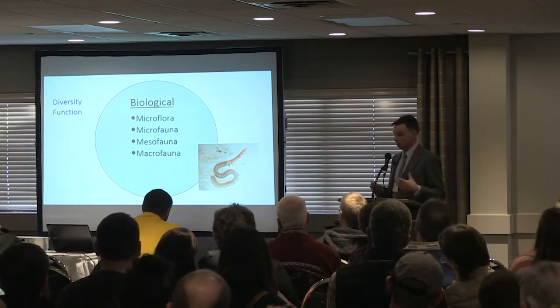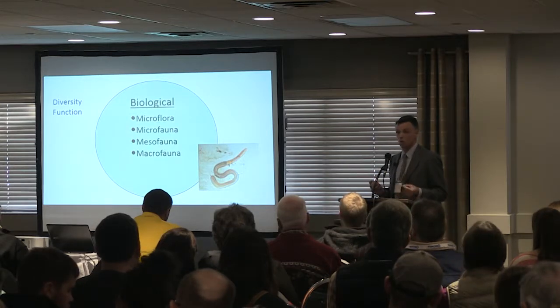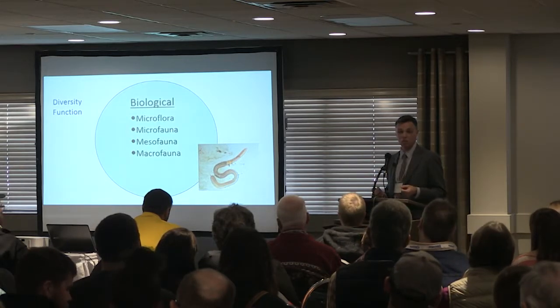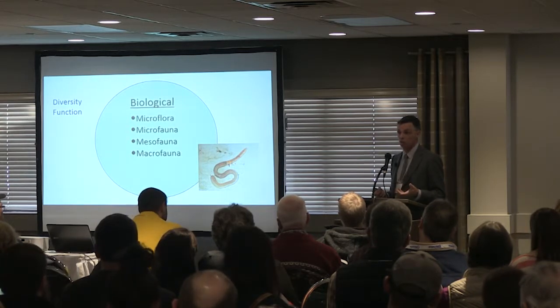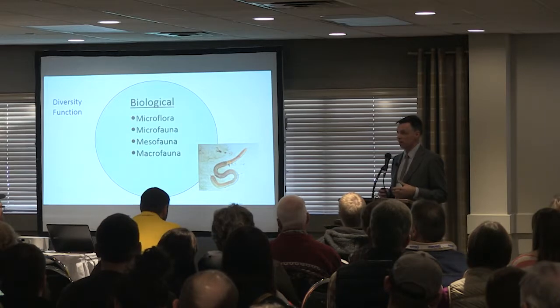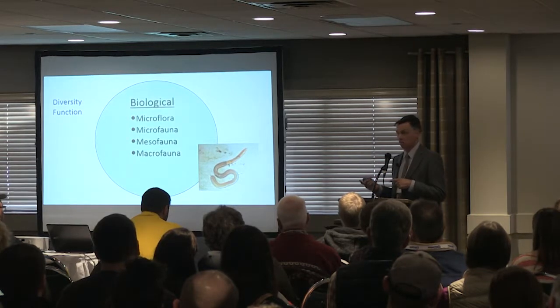Now, we not only have a lot of different species. In fact, in a single teaspoon of soil, you can have anywhere from 5 to 10,000 species of bacteria. In a square meter of soil, you can have anywhere from 200 to 300 species of arthropods. And just to put it into perspective, in the province of Alberta, there are 95 mammal species. 96 if you count Bigfoot crossing over the Rockies, right?